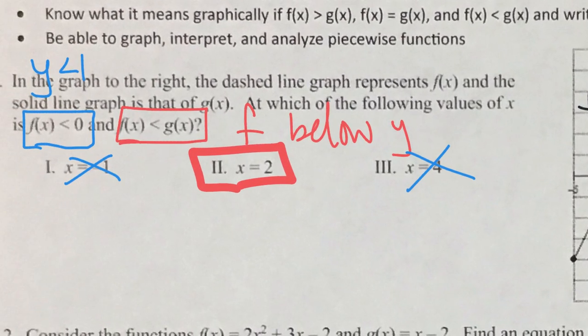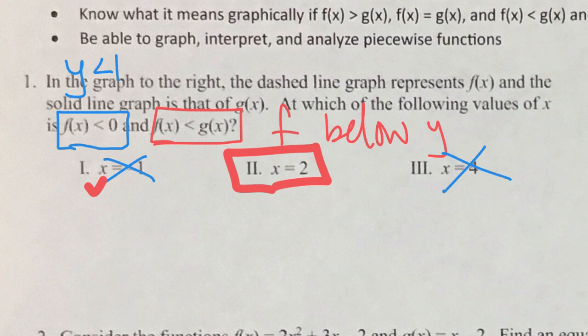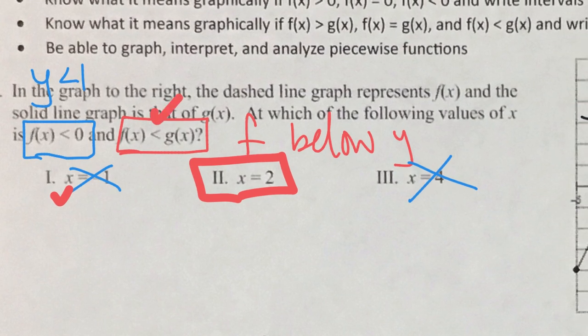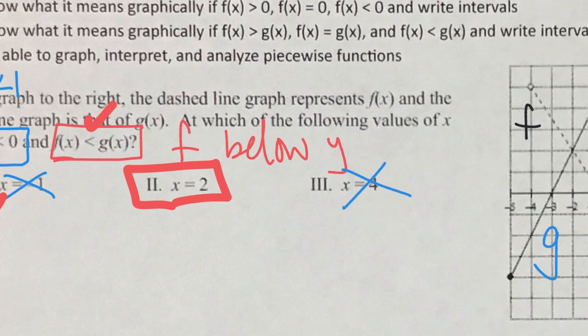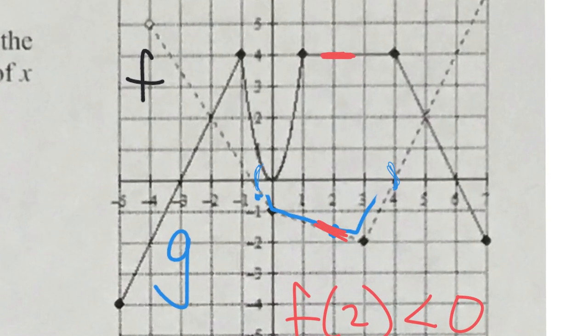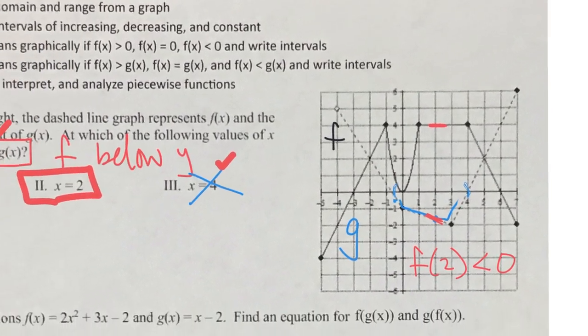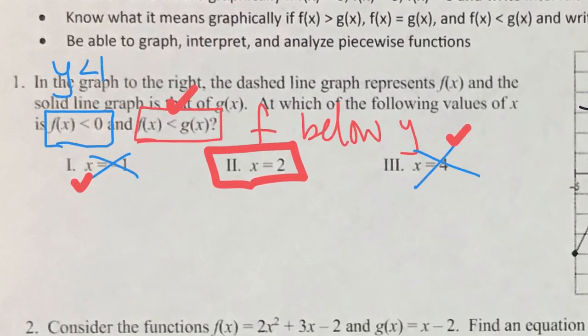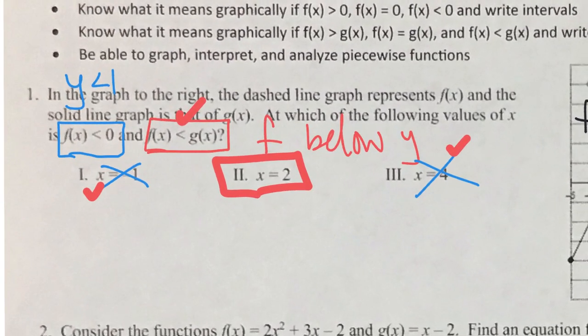Okay? So yes, f is below g at -1, that's true, as well as at 4, but the only time when f is negative is when x equals +2. And so that would be our only answer there. Part number 2 is the only one that happens to be true at all times.